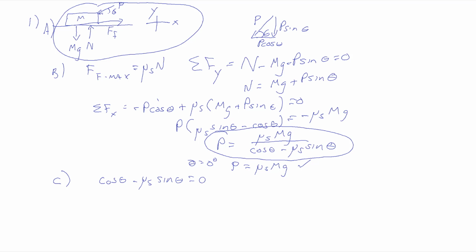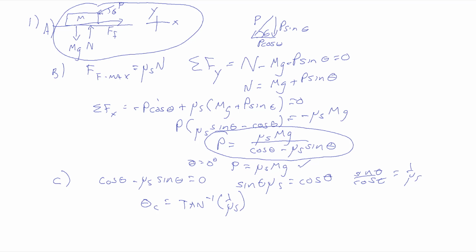Let's just write this as mu s sine theta equals cosine theta, just taking that to the other side, or sine theta divided by cosine theta equals 1 over mu s, or theta, which we'll call theta critical, is the arc whose tangent is 1 over mu s.